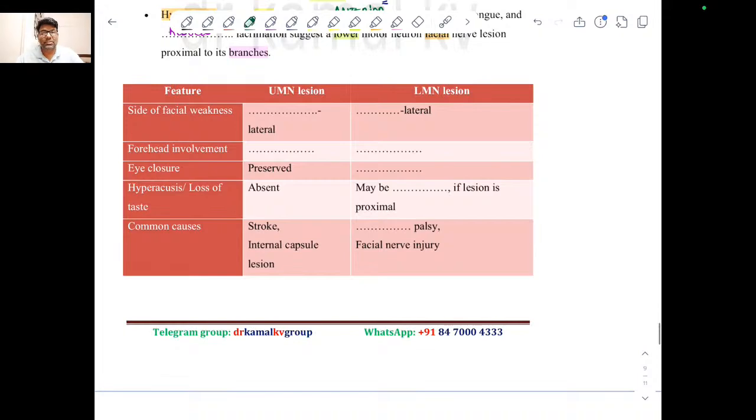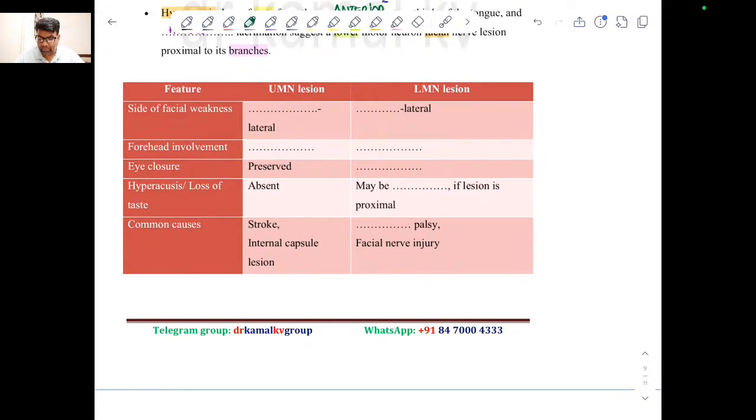Now this we will discuss with the help of our table, and please be perfect with this table, and you will never make any mistake in this kind of question. Now if it is an upper motor neuron type of lesion, which side of the face will show weakness? I am waiting for your answers. Upper motor, which side?